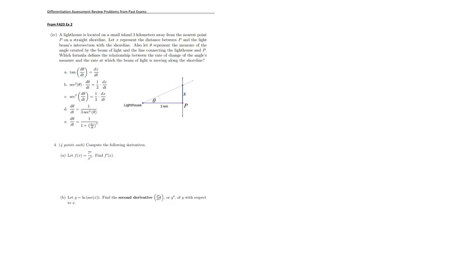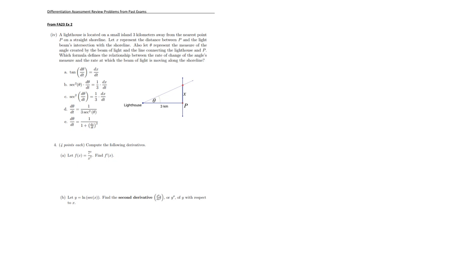Okay, this next one says a lighthouse is located on a small island 3 kilometers away from the nearest point P on a shoreline. Let x represent the distance between P and the light beam's intersection with the shoreline. So there's where the light beam intersects. Also let theta represent the measure of the angle created.